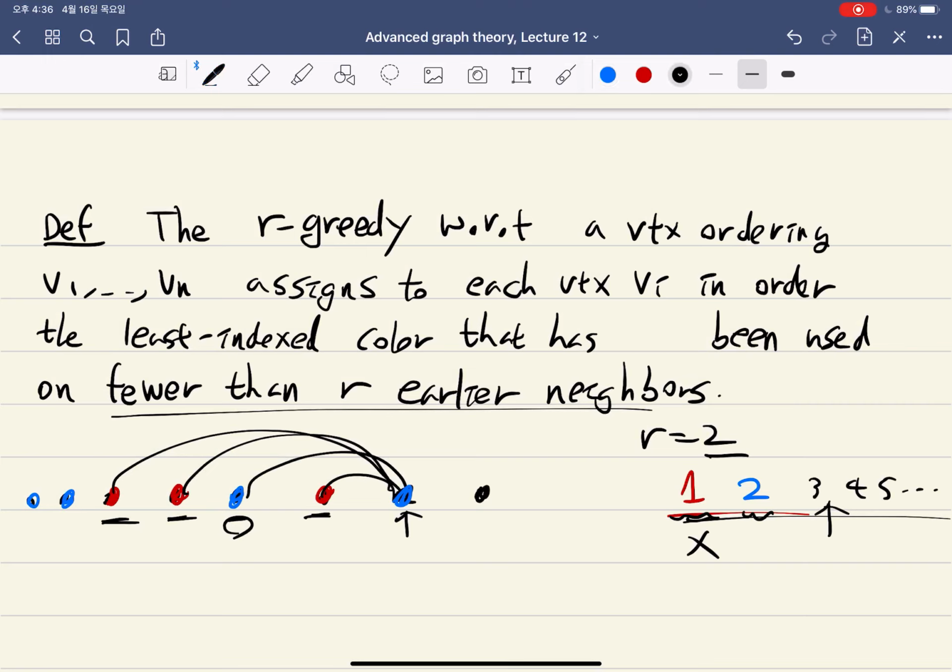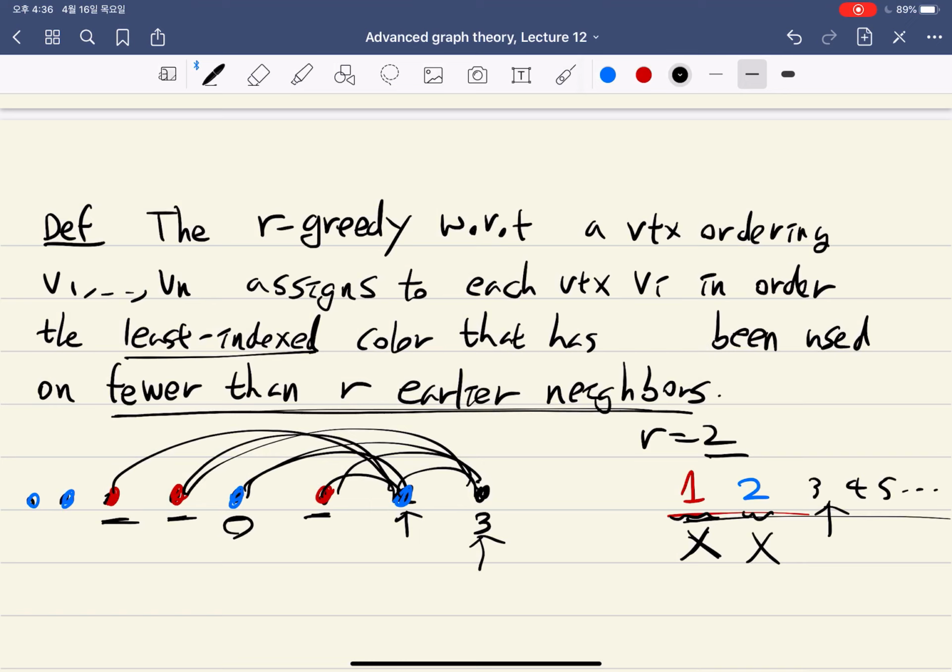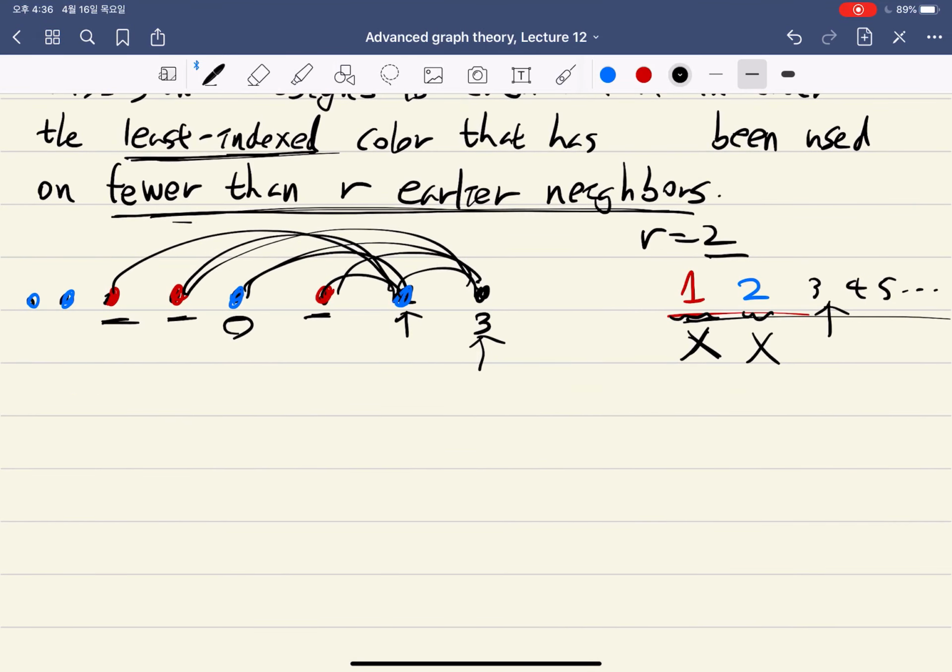And then for the next one, if it has four neighbors, with red used twice and blue used twice, you give the new color 3. And so on. So you give a color among the colors which have been used fewer than R times on the earlier neighbors, and you choose the smallest color.